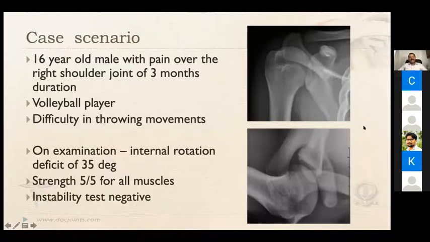How do you test for the biceps anchor? Or how do you test for the superior labrum? What is the test for the superior labrum?